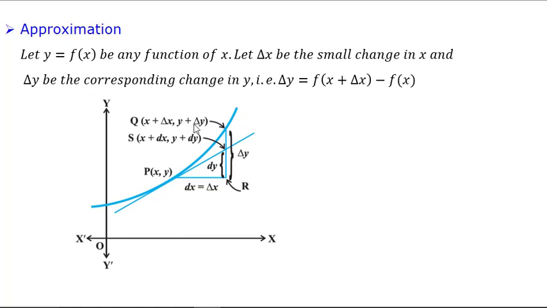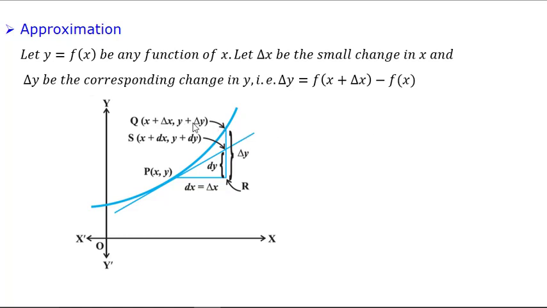So this y plus delta y is f of x plus delta x. Now from this y plus delta y, if I subtract this y, that is y coordinate of point Q minus y coordinate of point P, will give me delta y. So this delta y is f of x plus delta x minus f of x, right? I hope you are getting it.